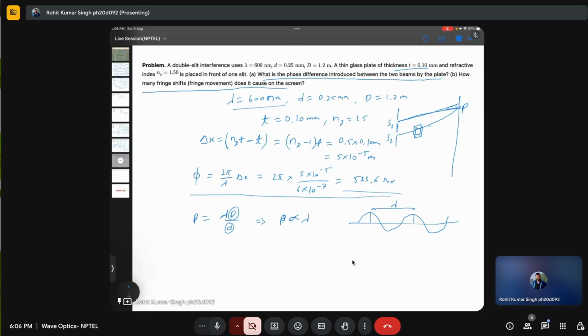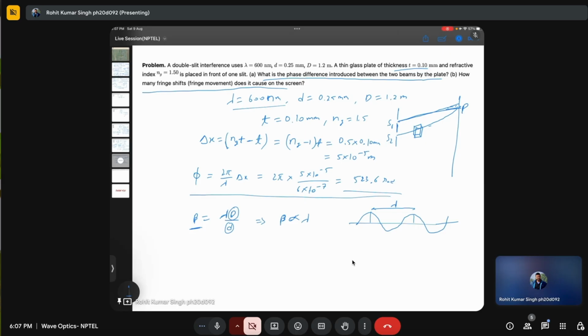And we know the wavelength of the light, lambda, right? So if we introduce something which is changing the phase of the light, what we are doing is shifting this wave in either the positive or negative direction, basically, right? And that is what will lead us to change the pattern on the screen.